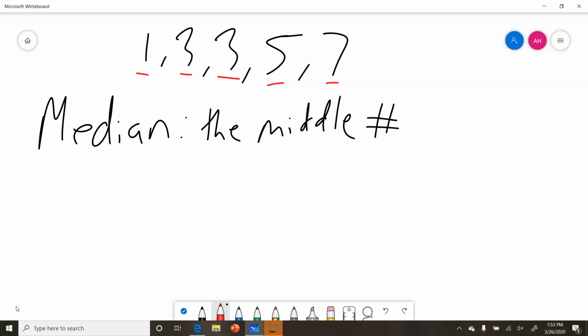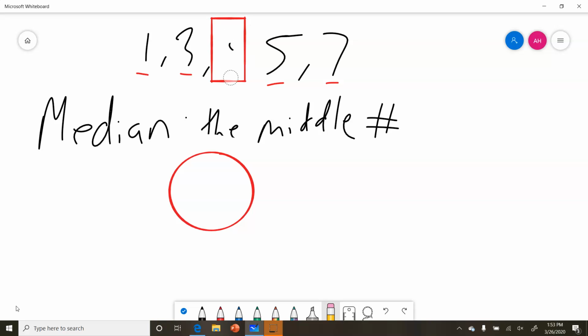So the middle one is going to be that one. So the median in this problem is 3. That's pretty easy. Now where it would have gotten a little harder is if the median was out of a number set that was not only 5 long.